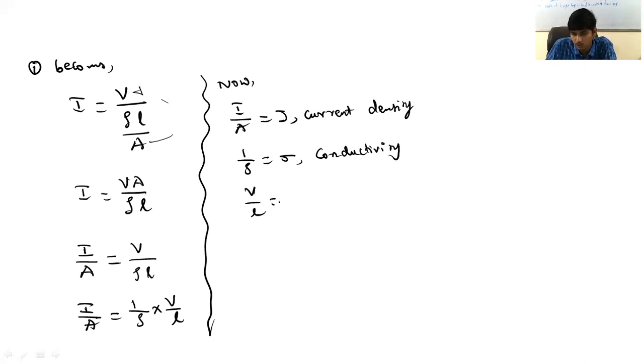V by L is equal to E, called electric field.